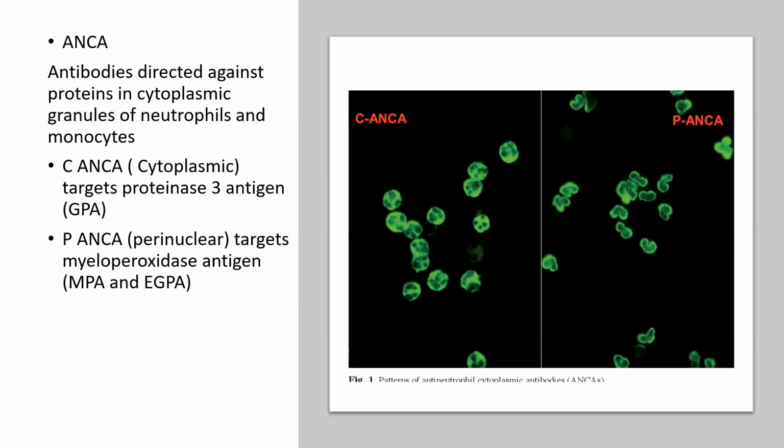The other type is found in the perinuclear area and is given the prefix P, and that targets myeloperoxidase antigen and is seen in MPA and EGPA. The picture on the right shows immunofluorescent stains of these antibodies. So with C, you can see the stain is more scattered in the cytoplasm, and P shows a more linear form, following the perinuclear distribution.